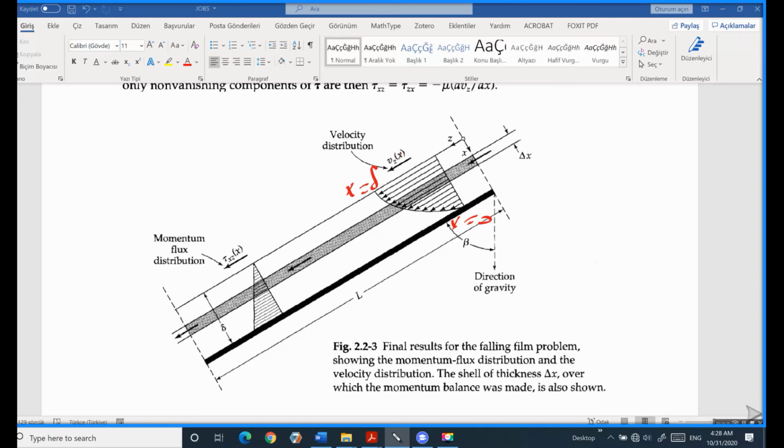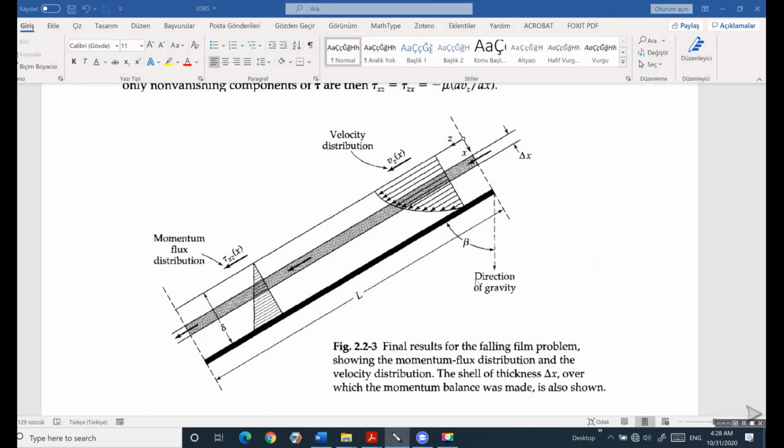How vz changes with respect to x, and this is our momentum flux distribution here. That one is equal to minus mu dvz over dx. So this is our momentum flux distribution of the falling film. This is our second problem in chapter 3.